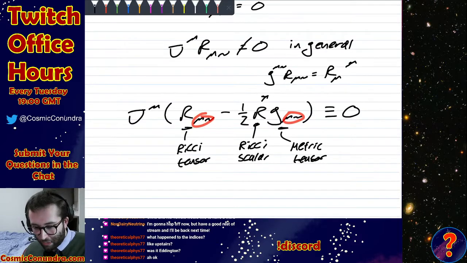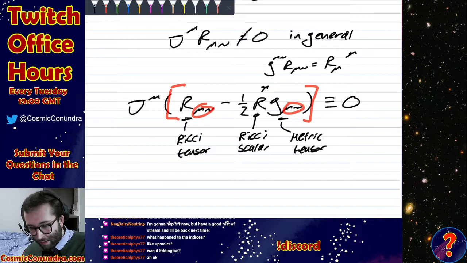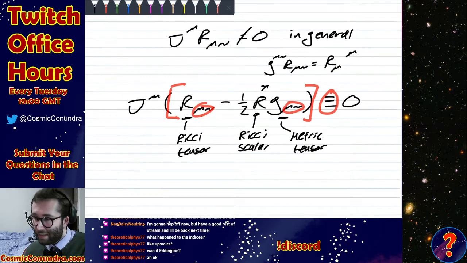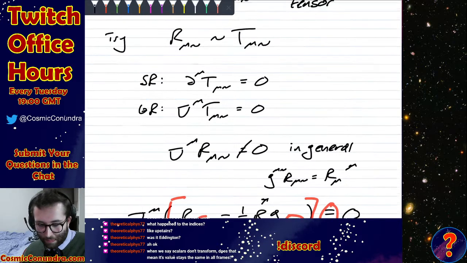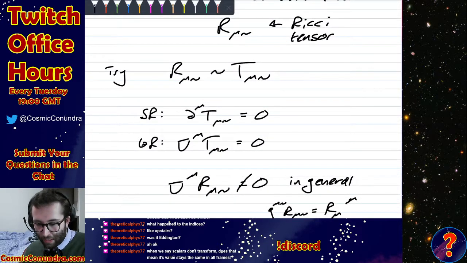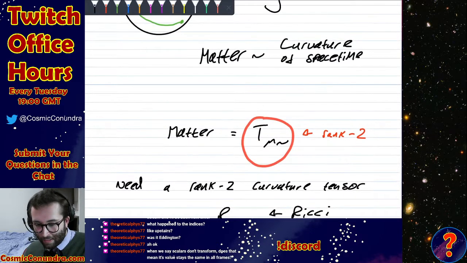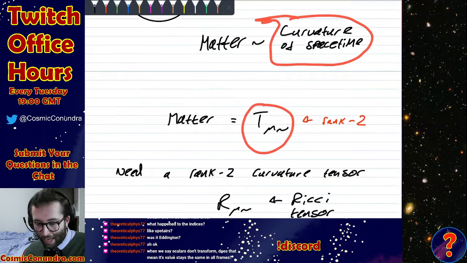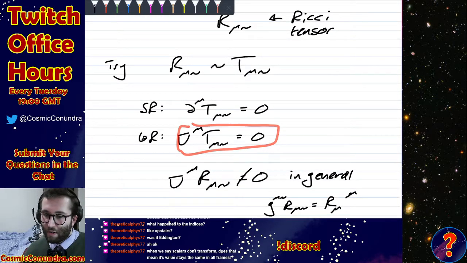This combination within the bracket is always 0 when you take the covariant derivative of it, as it should be from saying that this curvature tensor, whatever it is, should roughly be the same as T mu nu, and knowing that T mu nu always has this derivative of 0.